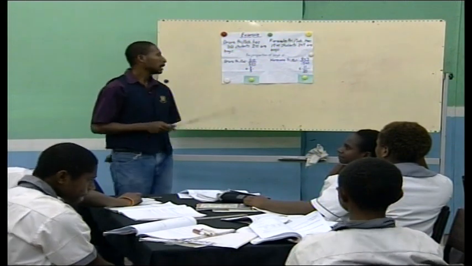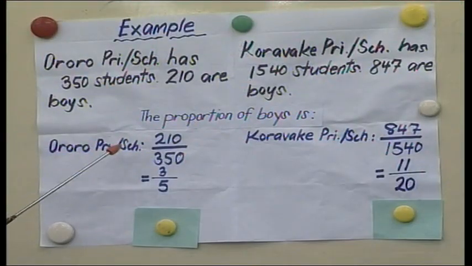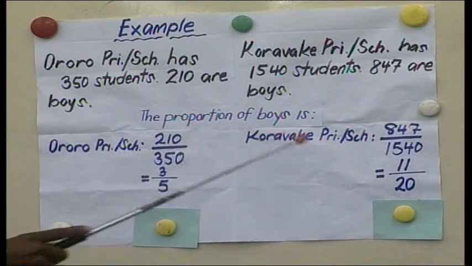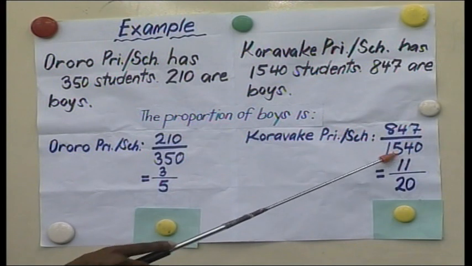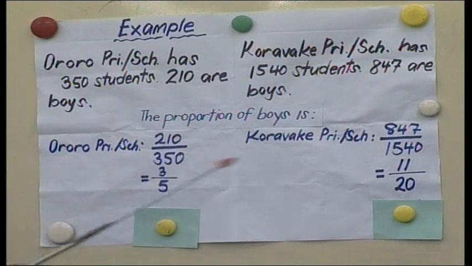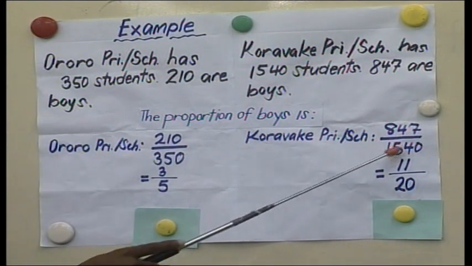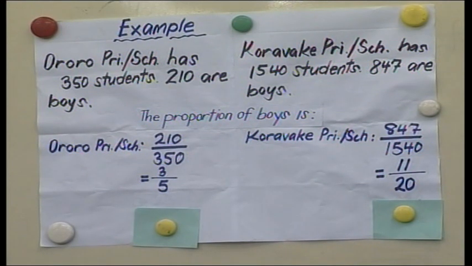Now, remember, the proportion of boys is 210 over 350 for Aurora Primary School and 847 over 1,540 for Korawake Primary School.